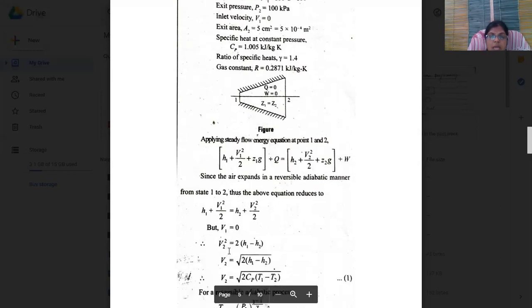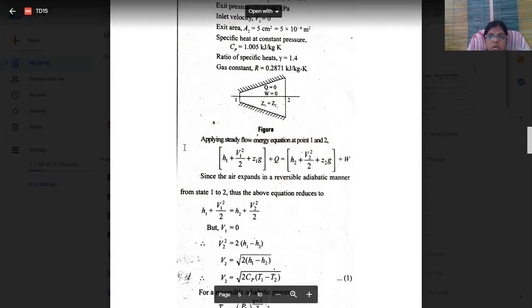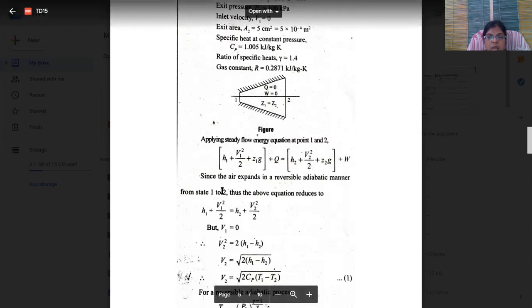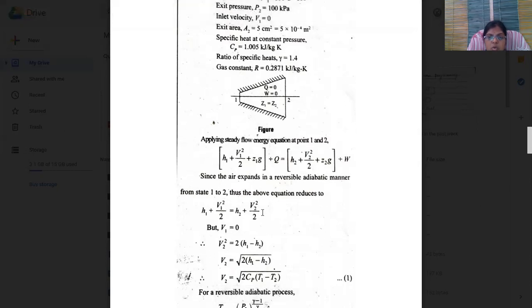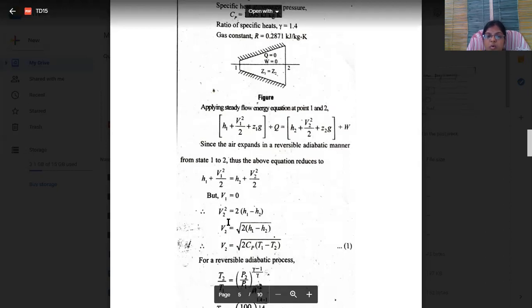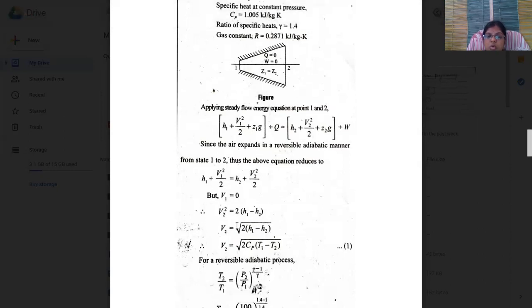From state 1 to state 2, the above equation reduces to h1 plus v1 square by 2 is equal to h2 plus v2 square by 2. Velocity at inlet is neglected, so v1 is equal to 0. Finally, v2 square is equal to 2 into (h1 minus h2), so v2 is equal to root of 2 into (h1 minus h2).